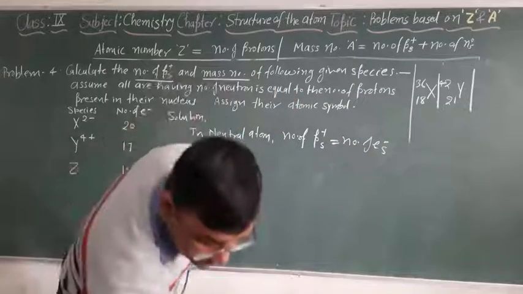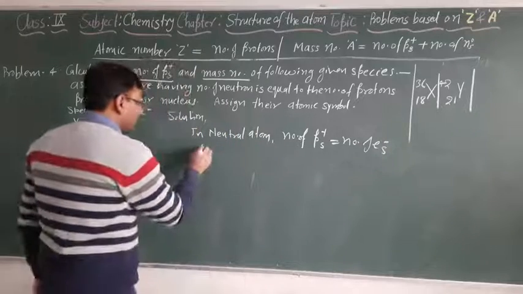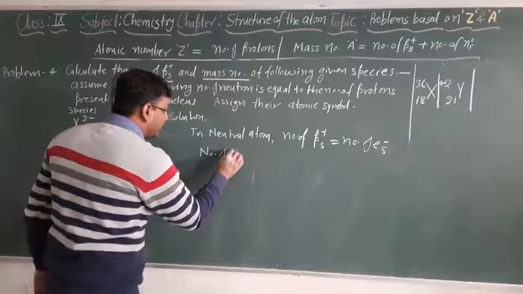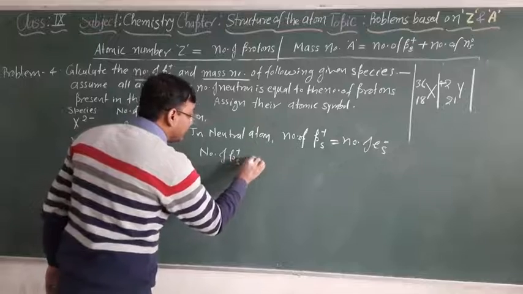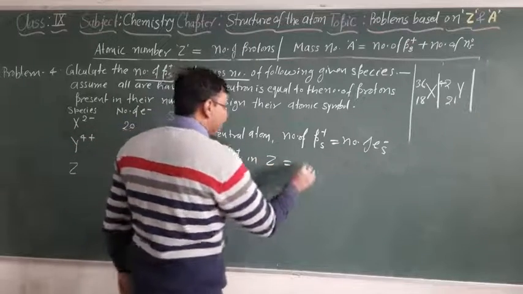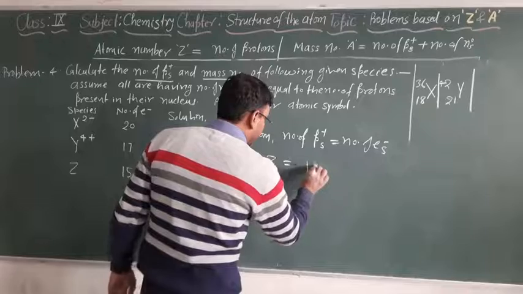So number of protons in Z is equal to number of electrons, 15.